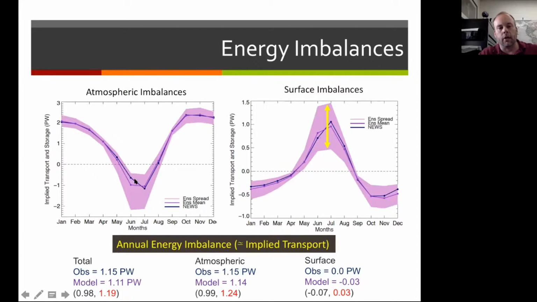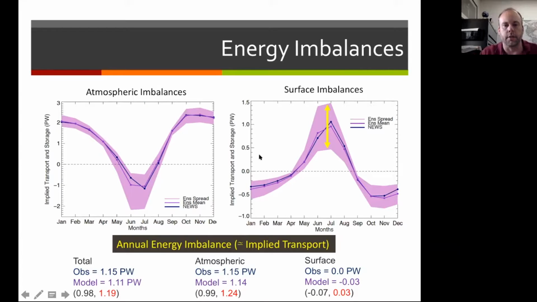So again, we can take a look at atmospheric imbalances and surface imbalances. I won't go into a lot of detail here other than to maybe show here the imbalance at the surface in the summertime. And what we see again is that even though the ensemble mean actually captures the NASA Energy Water Cycle Study estimates very well, there's a factor of 3 spread here between the various climate models in their prediction of the surface energy import in the summertime by the oceans in the Arctic.